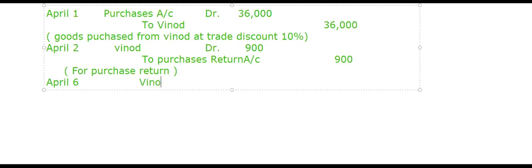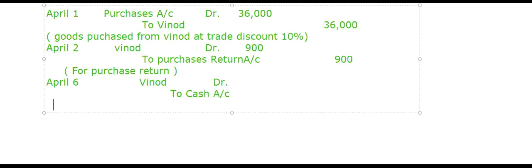Debit the receiver: Vinod debit to cash, as we are paying to Vinod, and the words full settlement are there. Whenever the words full settlement are there, what does it mean? Somehow a discount is there. So cash account will be credited, and after that the discount.